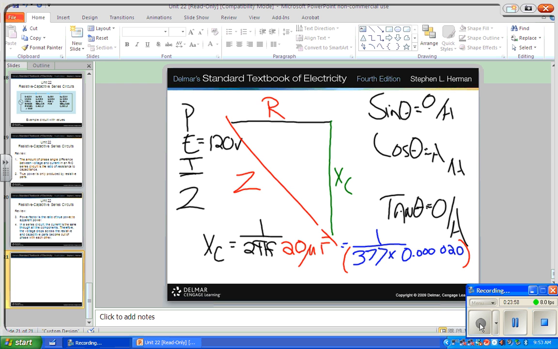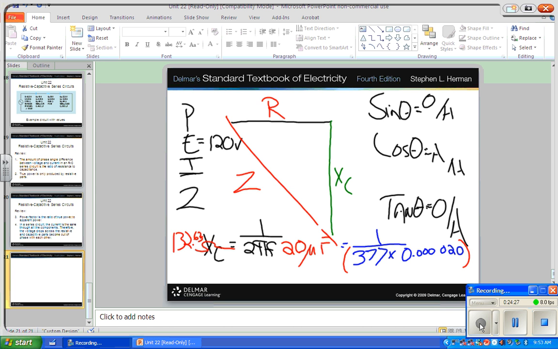Now hit x to the minus 1. Now hit enter. How many? 132.63 ohms.